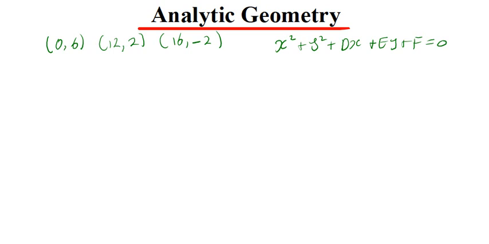So now the idea here is this. Maybe before I say anything, do you have anyone with an idea of what we're going to do here? How are we going to use these 3 points to come up with something reasonable? Hello? Anyone with any idea?